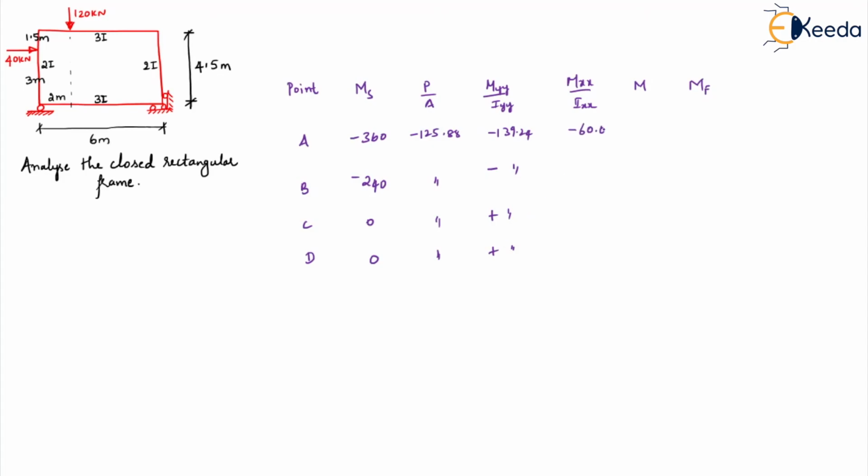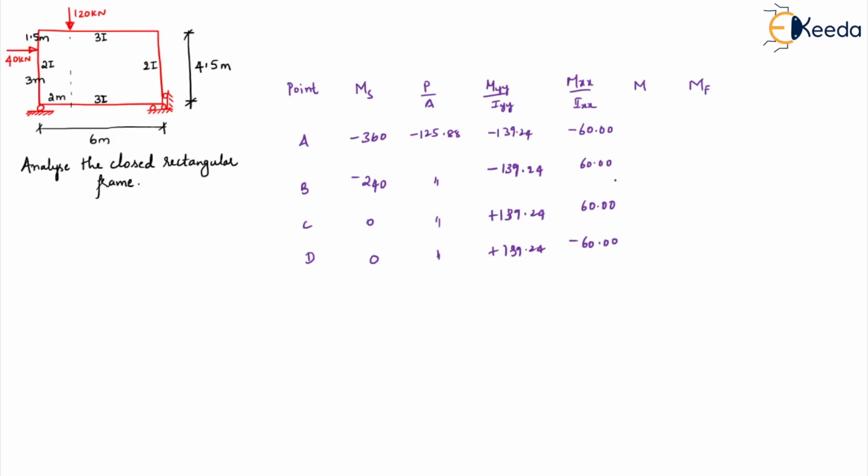Here it is minus 60.00, 60.00, 60.00 and minus 60.00. 139.24, let me write full. 139.24, 139.24.